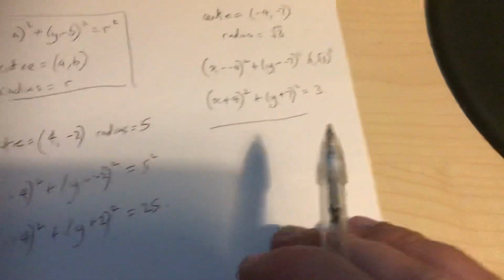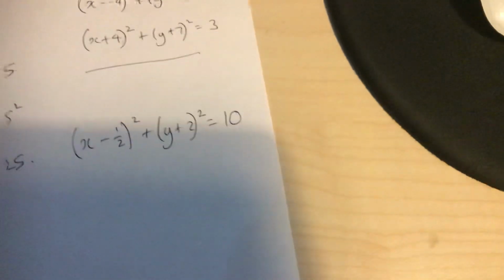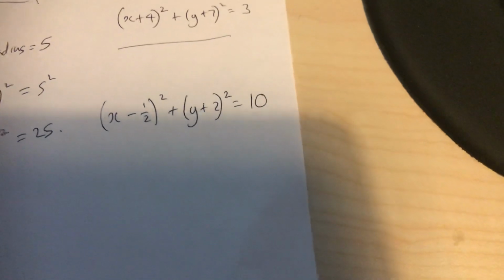Last example we've really got is this time you might be given a formula. So if I gave you this formula, (x minus a half) squared plus (y plus 2) squared equals 10.